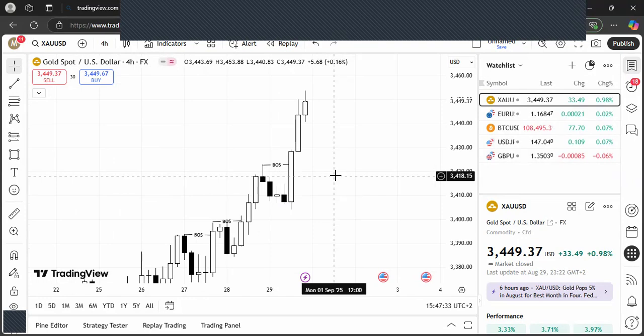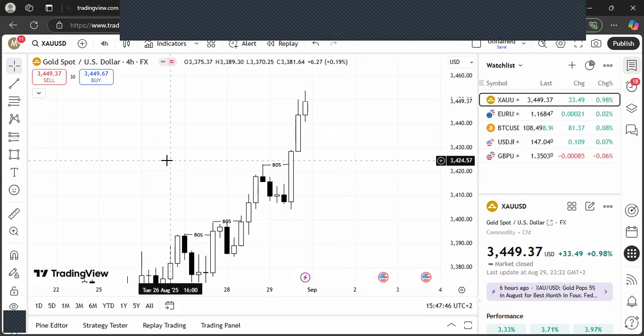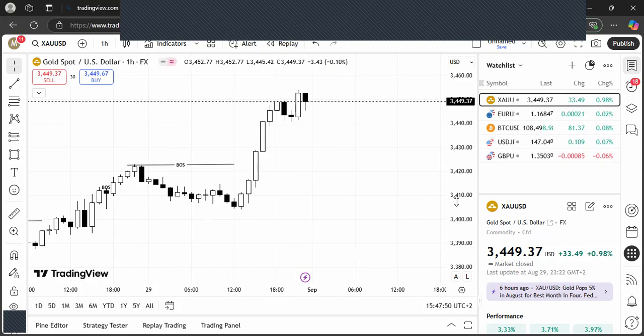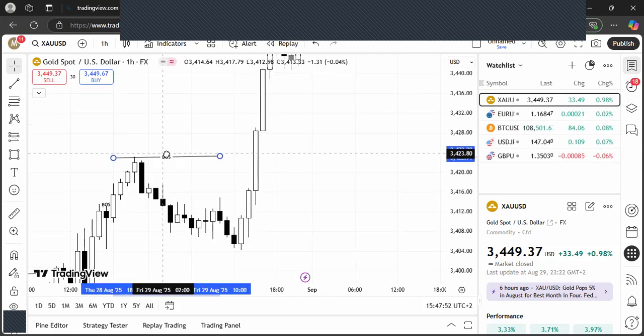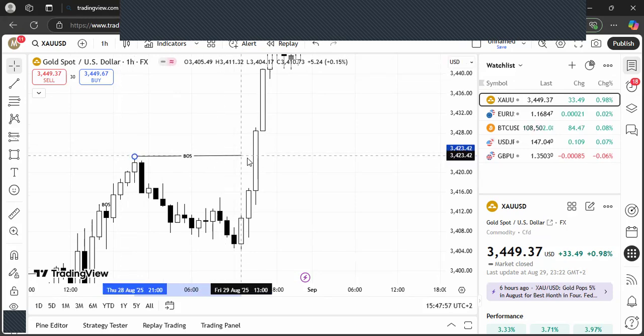As I said, due to the law of time frame alignment, since I'm analyzing on the 4-hour time frame, I have to catch my entry on the 1-hour time frame. So we go to the 1-hour time frame and let's see what it has for us.